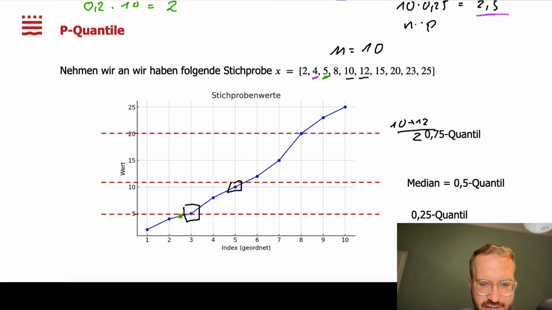Because if we take this value in between, namely the average of x2 and x3, then we know how many values are smaller than that, which are exactly 2, so 20%, and how many values are greater than that, which are then exactly 80%. And that's exactly how we wanted it. We wanted to exactly divide the data into the first 20% and the remaining 80%.